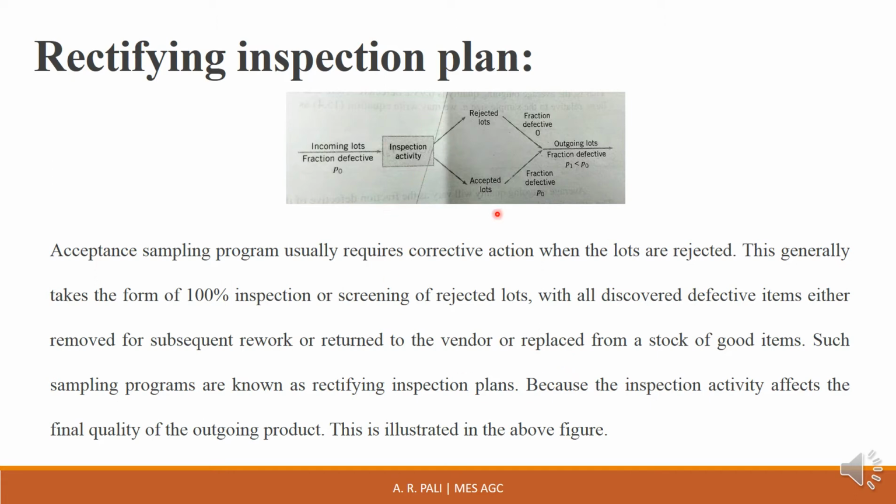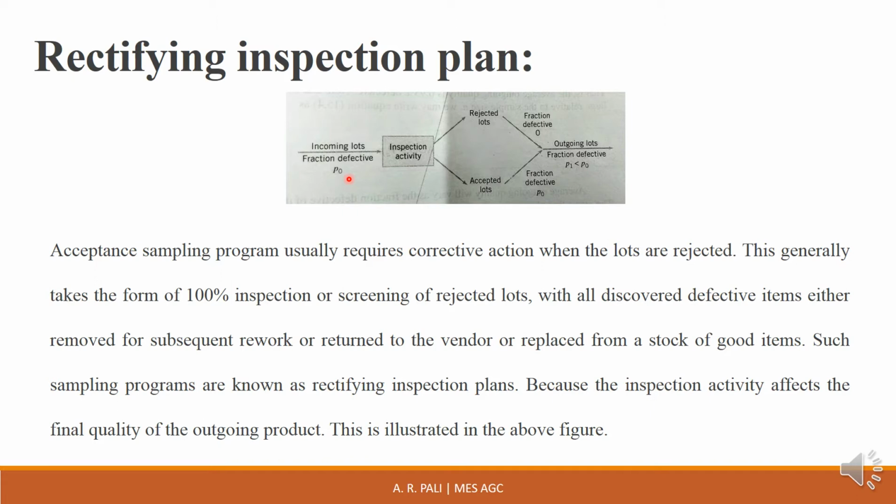So see in this figure, incoming lots, fraction defective P0. There are many lots which we are inspecting, and all these lots have a fraction defective, that means the proportion defective: the number of defectives in the lot divided by the total number of items in the lot. Fraction defective is proportion defective, which is also known as lot quality.